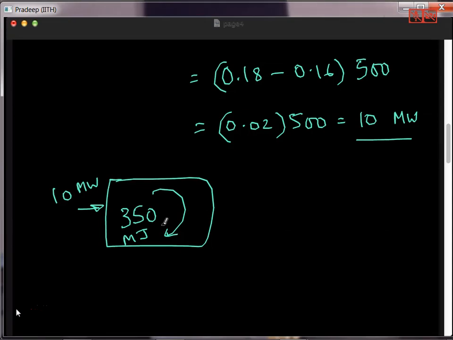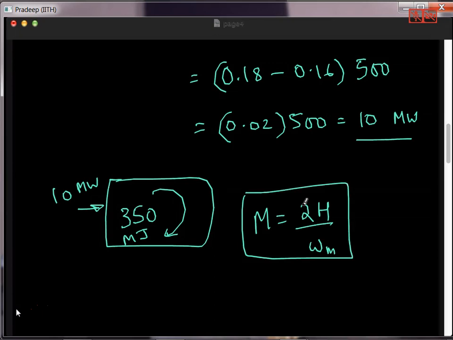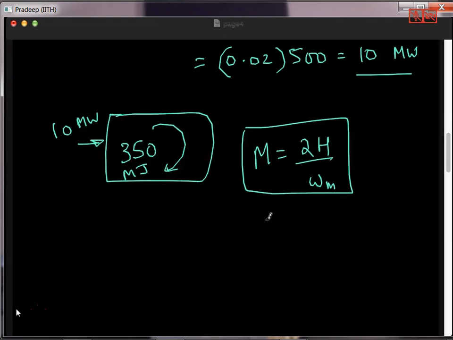To know that, we already have our equation. Just a minute. So we have our equation, that is M equal to 2H by omega n. This was our definition, where M is the constant of inertia. So from this, what can I get? 2 into H, which is 3.5, and omega is nothing but 2 pi f.